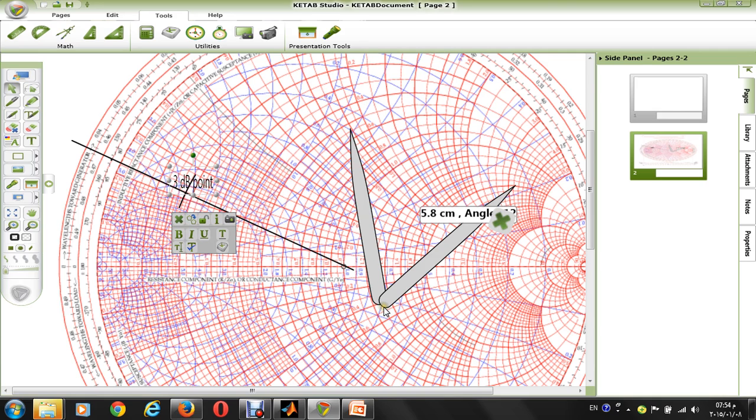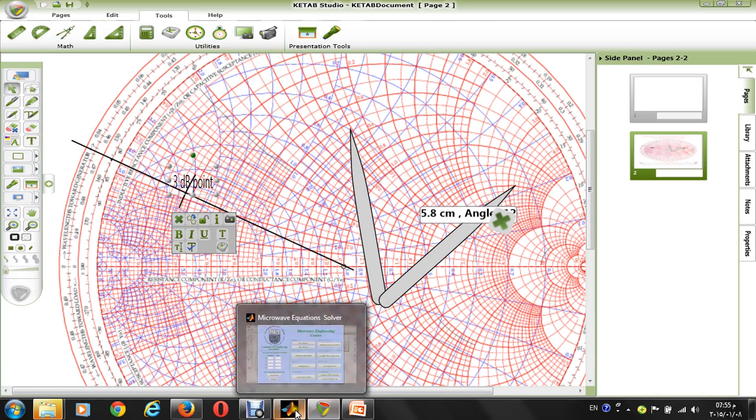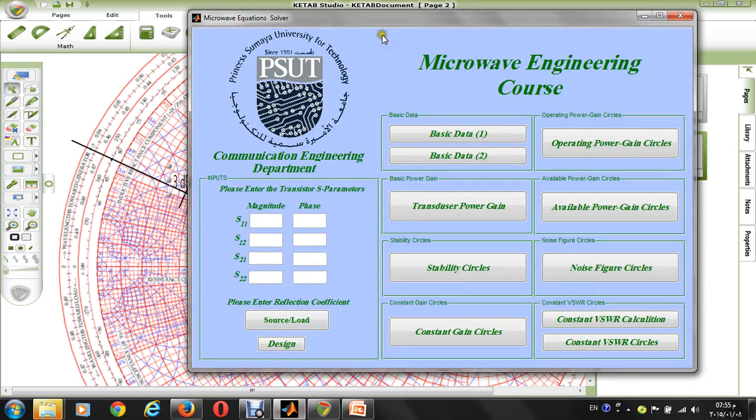Okay, now to draw the circles for the 2, 1, 0 and -1 given in the example, I go to the calculator.